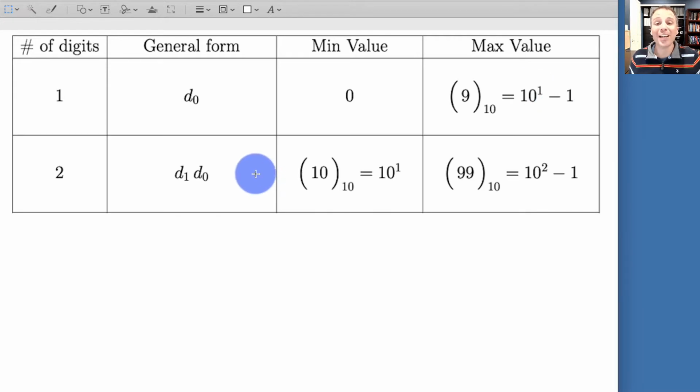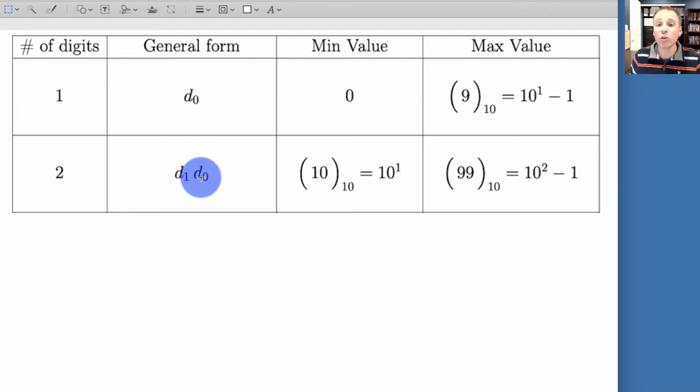That naturally leads to our next question: which numbers do we represent using 2 decimal digits? Notice that instead of the single d0, we now have 2 digits right next to each other, d1 and d0. The smallest number that we need 2 digits for is 10. Notice that the number 9 does not require 2 decimal digits. We can write it as 09, but we don't get any extra information from that 0, so we can drop it and it goes down to the 1 digit case.